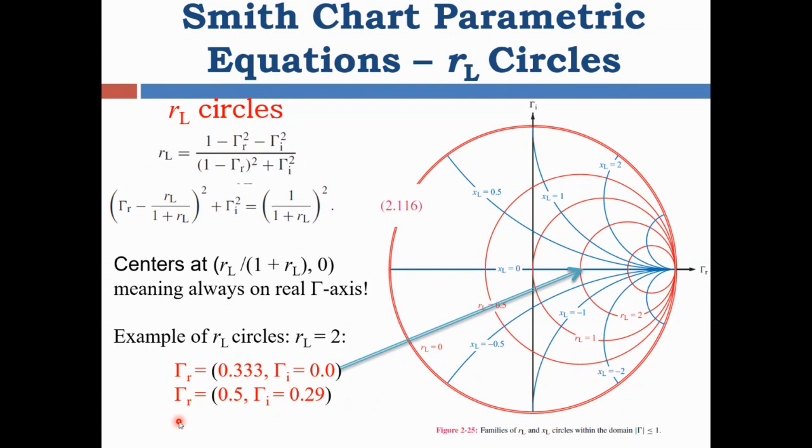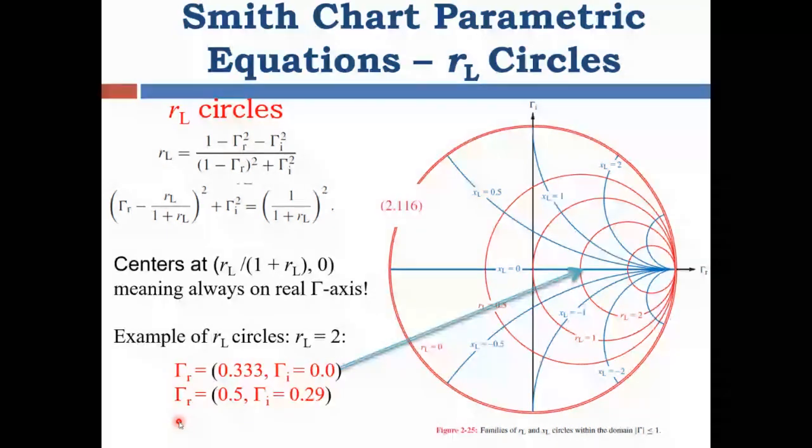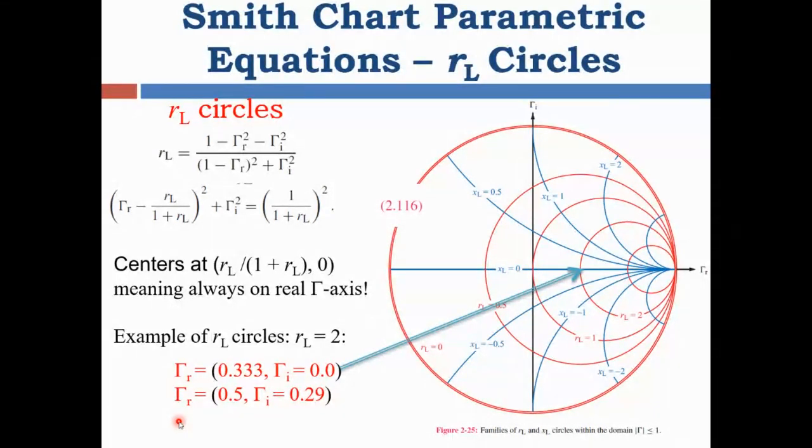And we're going to take this and divide by the denominator; let me do the denominator first. It is going to be 1 minus the real part, 0.5, 0.5 to the power of 2 is 0.25, plus the imaginary part 0.29, 0.29 to the power of 2, and that is going to be 0.3341.